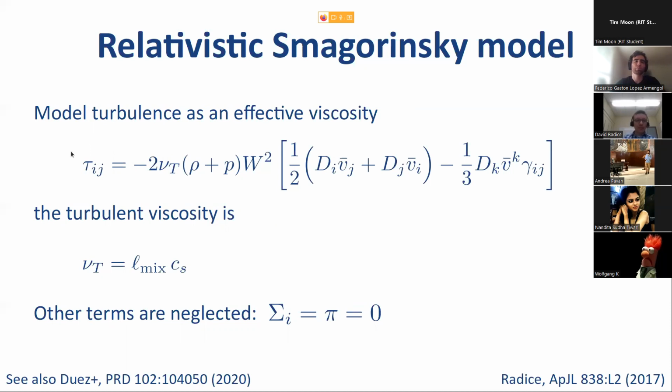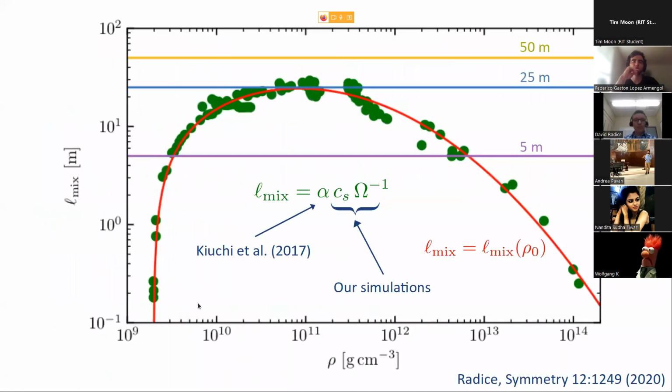So I have implemented this subgrid turbulence stress as an effective viscosity in this form here. And now we have this parameter, this turbulent viscosity. It's a free parameter that we write in terms of a characteristic scale that we call mixing length and the sound speed. In our code, what we do is we fit the mixing length using results from simulations by collaborators.